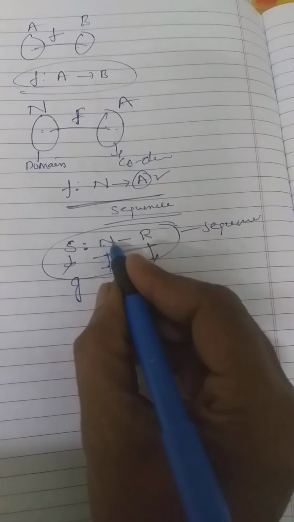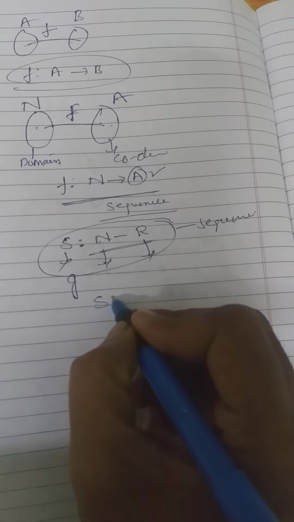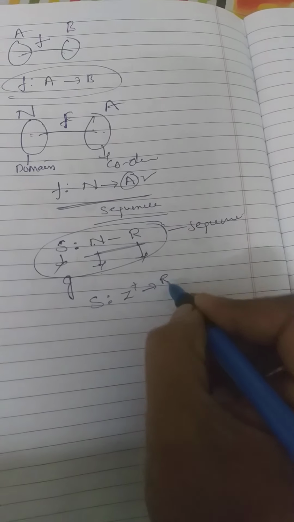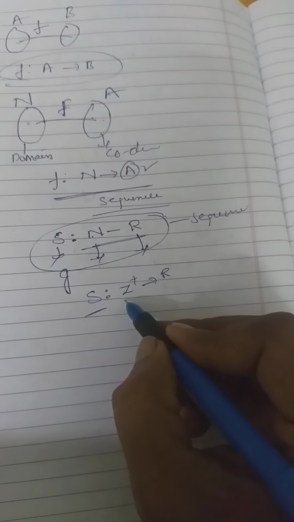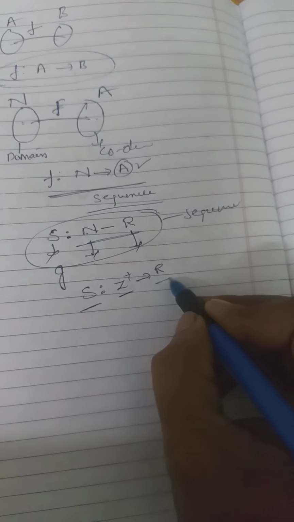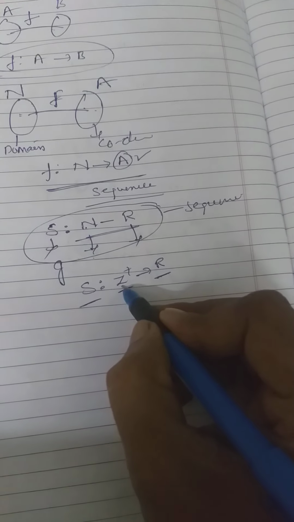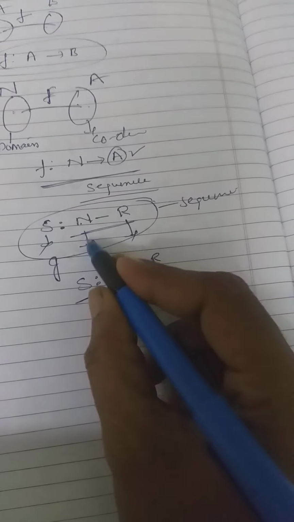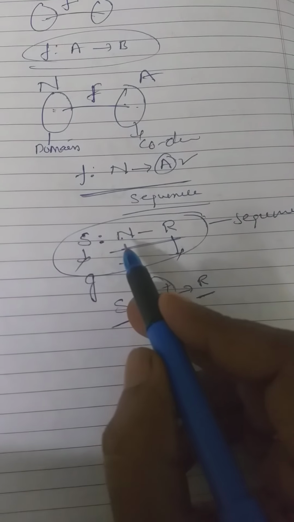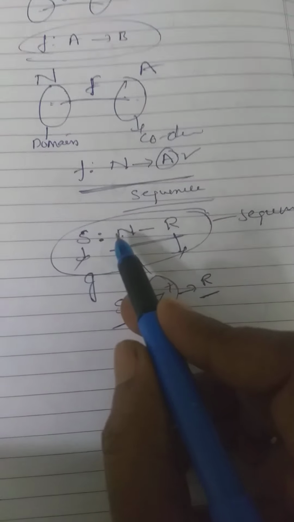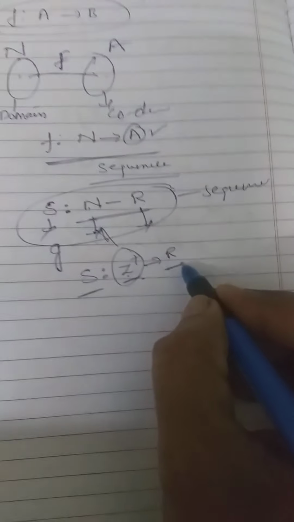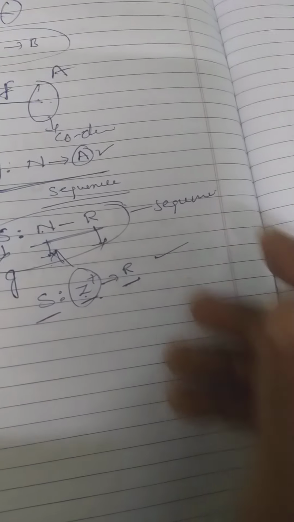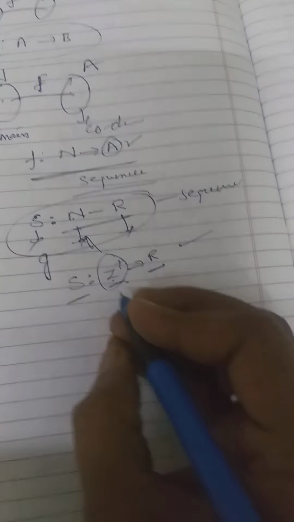N stands for the set of natural numbers. Another definition is S from Z plus to R. Here what is Z plus? The set of positive integers. This is nothing but the set of natural numbers. A function S from Z plus to R is called a sequence of real numbers or simply a sequence.